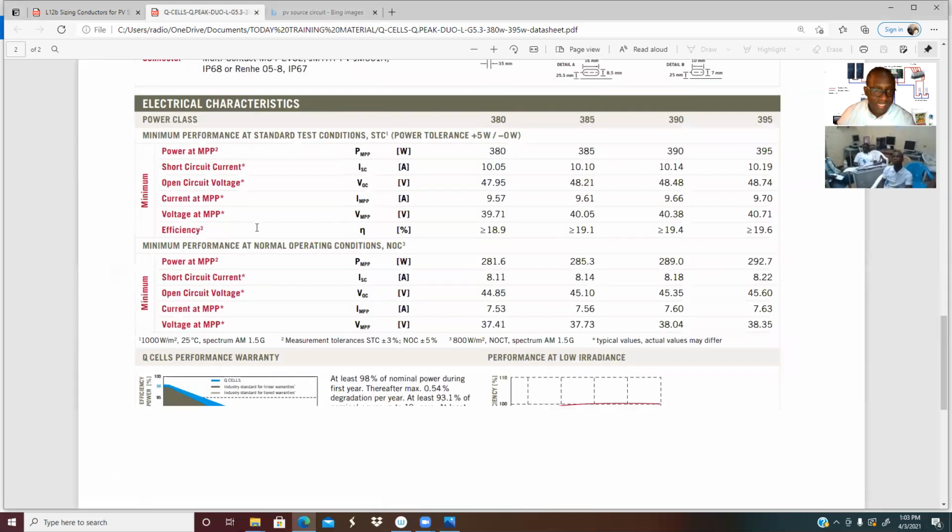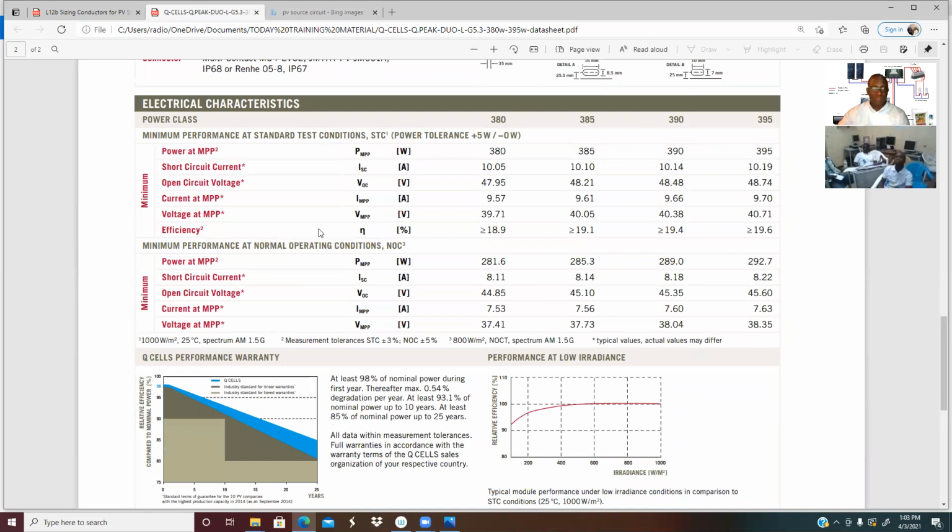This is the data sheet of this PV model. Do you see Imp here?